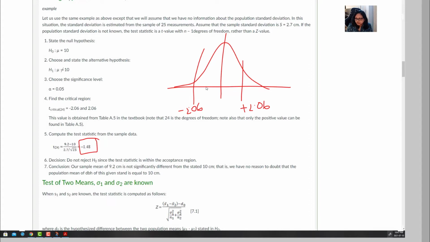So negative 1.48 may be somewhere here, that means it falls within the acceptance region. That means we are not going to reject the null hypothesis. That means it could be 10. So that's why we say that it's not significantly different than 10.